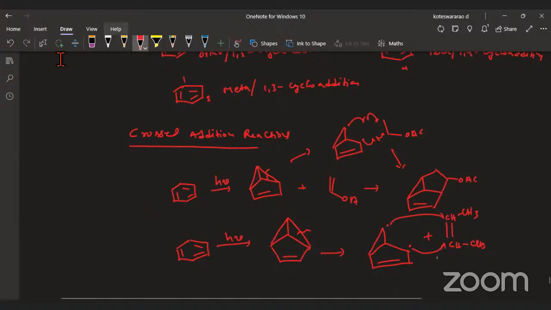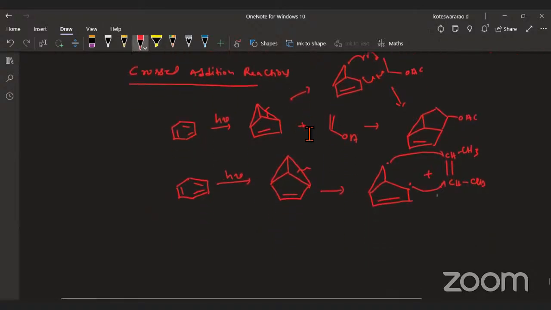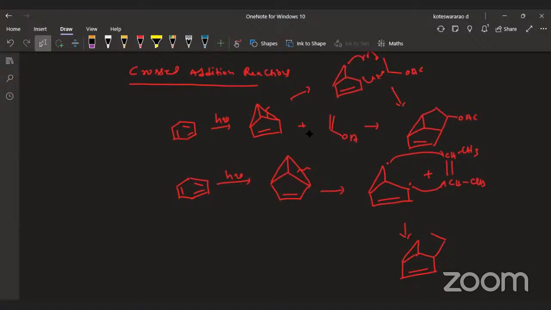Now it leads to generation of the bond. CH3, CH3. It is the product.